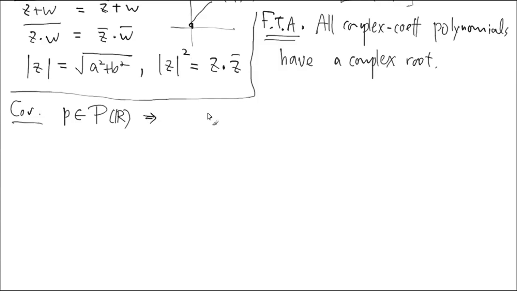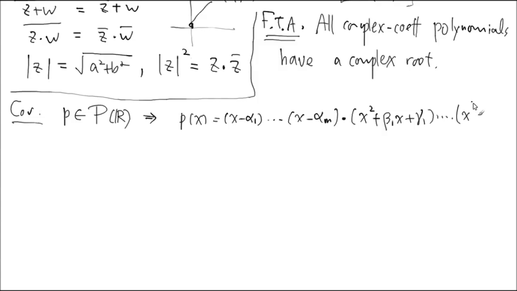Then, the corollary: p factors into linear factors (x minus alpha 1) up to (x minus alpha m), times quadratic factors, x squared plus beta 1 x plus gamma 1, all the way to x squared plus beta l x plus gamma l. There's a bunch of linear factors, there's a bunch of quadratic factors, where all of these satisfy the condition that beta k squared minus 4 times gamma k is less than 0. Do you know what that means?